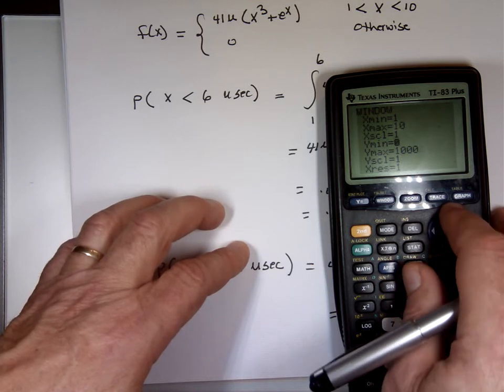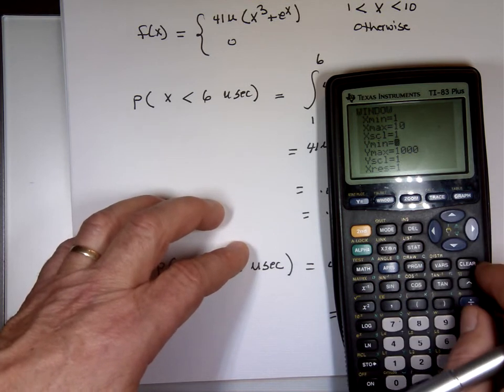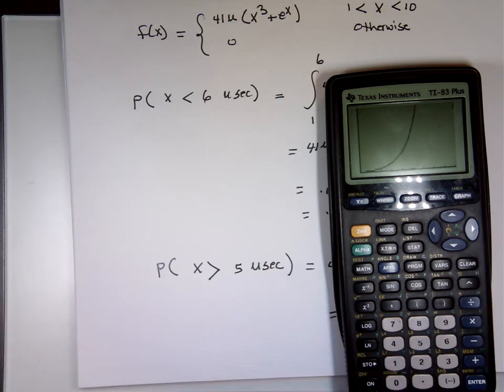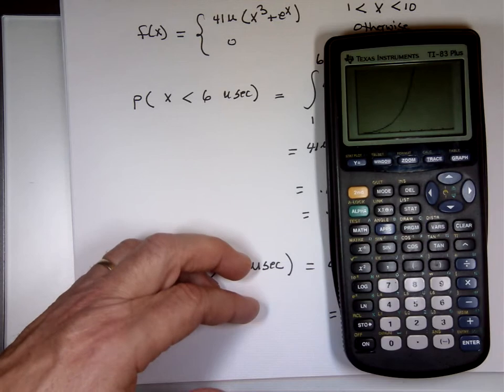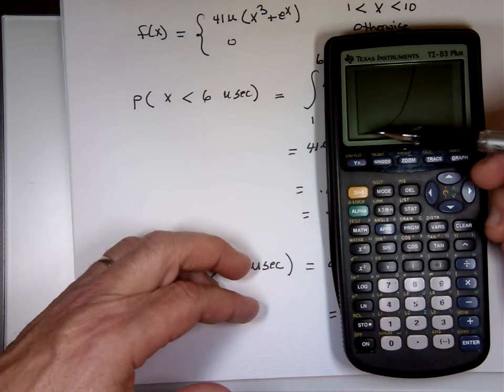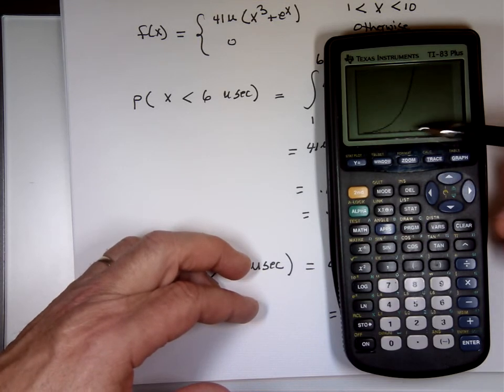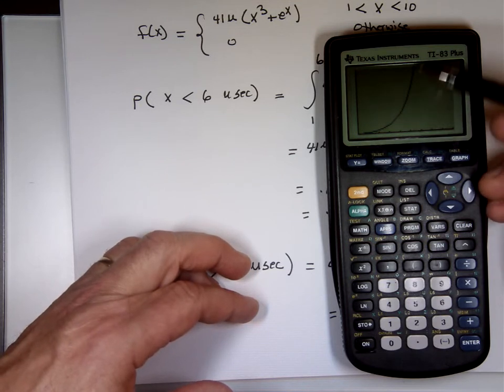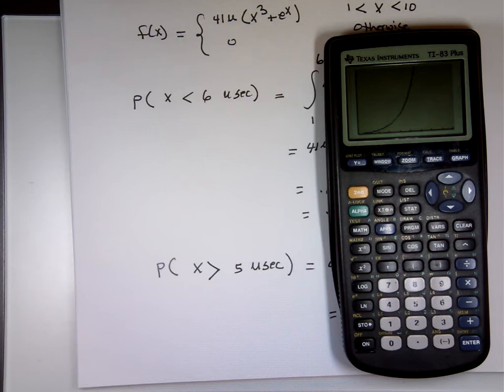Let's see what the graph looks like. That looks better. So notice for 6 seconds, or 5 micro, 1, 2, 3, 4, 5, 6, we're talking about that area under there. But when you go beyond that, it's much bigger area because the function is rising way higher there. That's why the probability to the left, less than 6 micro, is really a small number. But to go beyond the 5 microsecond, that's almost the whole thing.